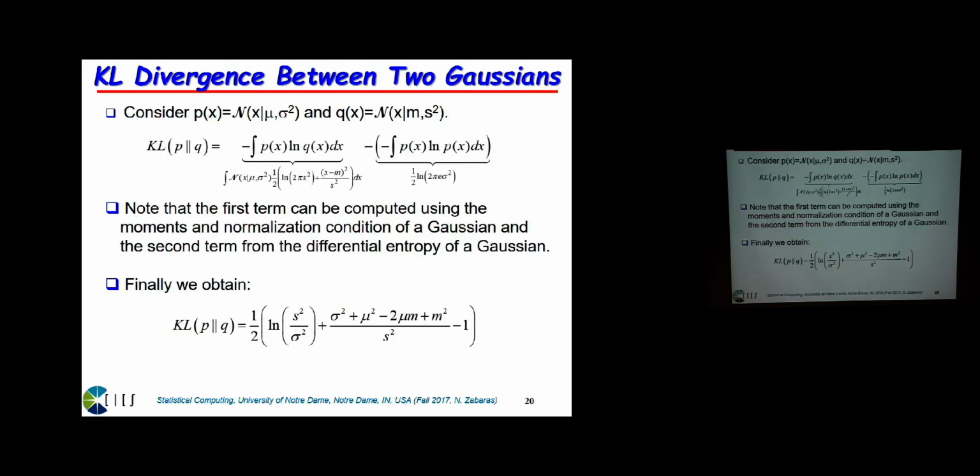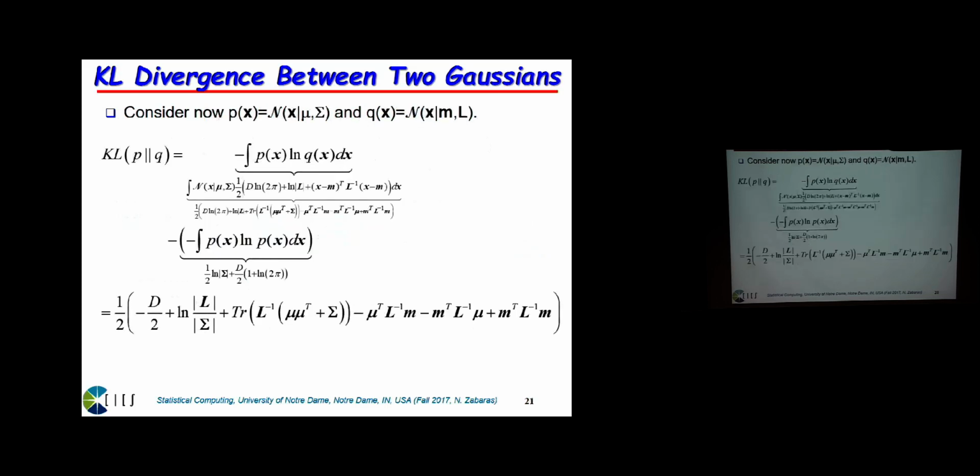You can, and this has been tabulated in books, maybe even if you search it in Wikipedia, you will find, if the distributions P and Q are usual distributions, like for example two Gaussians, the KL distance can be written analytically in terms of the means and the variances, all right?